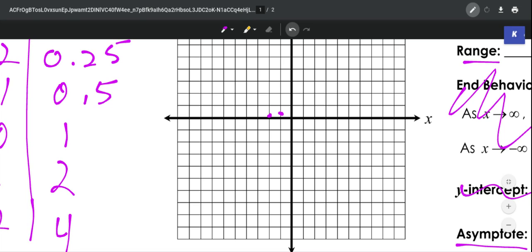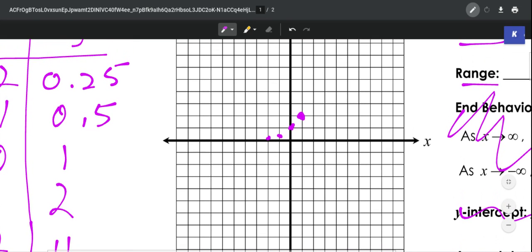Then we'll have 0, 1. That one's pretty easy right here. We'll have 1, 2, which will be at 1 on the x-axis up to 2 on the y-axis. Right about there. And then 2, 4. So over to 2 on the x-axis up to 1, 2, 3, 4 on the y-axis, which would be about right there.